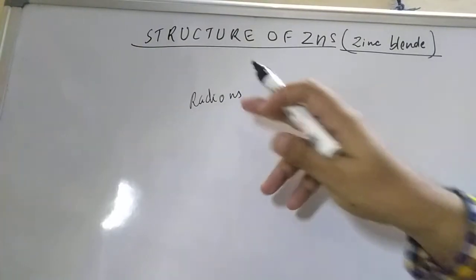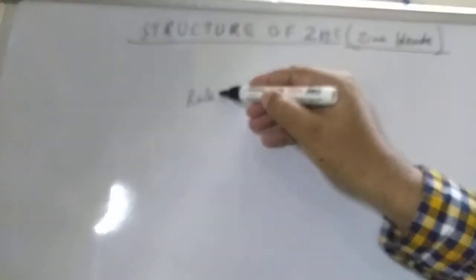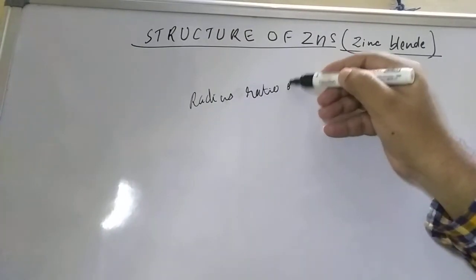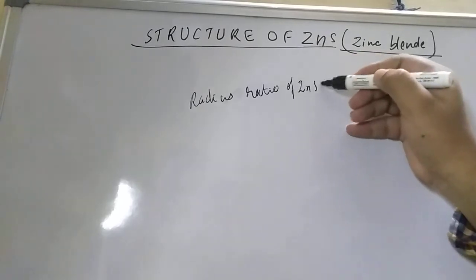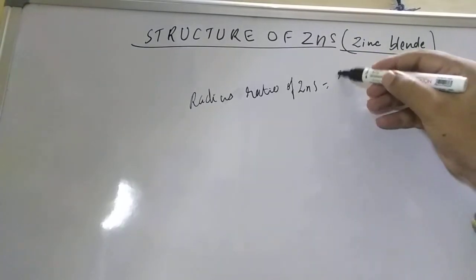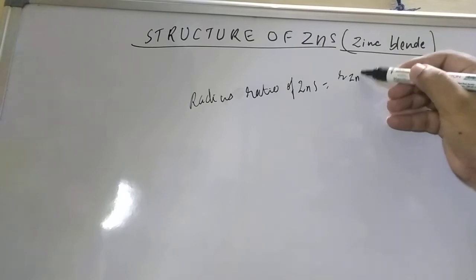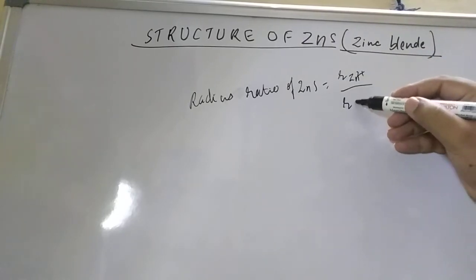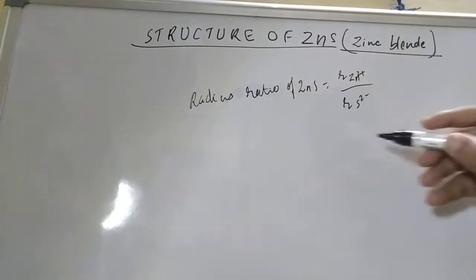Firstly, let us go with the radius ratio of ZnS. The radius ratio is the radius of the cation, that is Zn2+, divided by the radius of the anion, that is S2-.